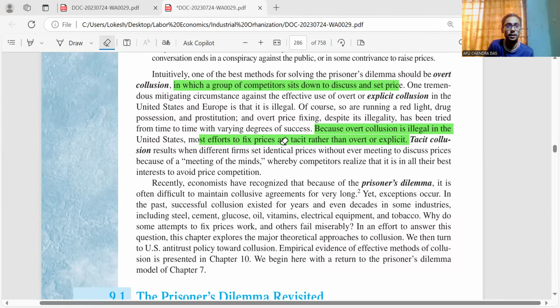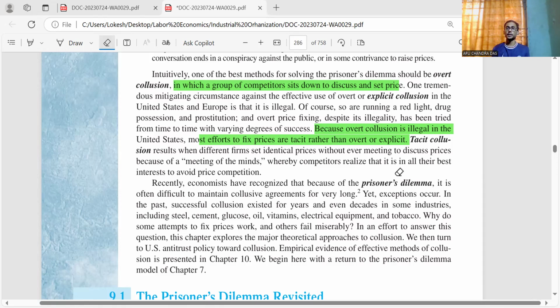Tacit collusion results when different firms set identical prices without ever meeting to discuss prices, because of a meeting of the minds, whereby competitors realize that it is in all their best interest to avoid competition. Simply, we can define tacit collusion as when firms indirectly coordinate their behavior without any formal or explicit agreement.